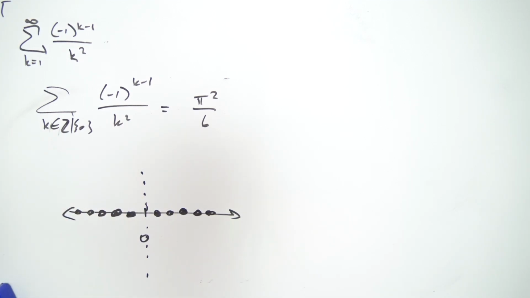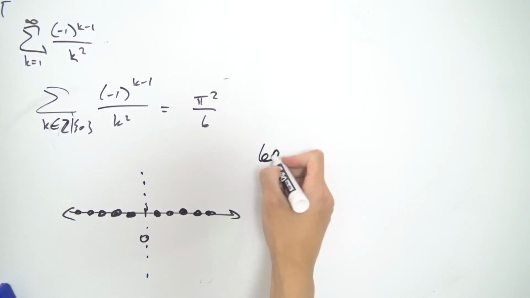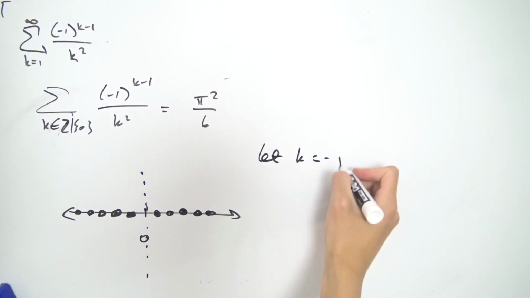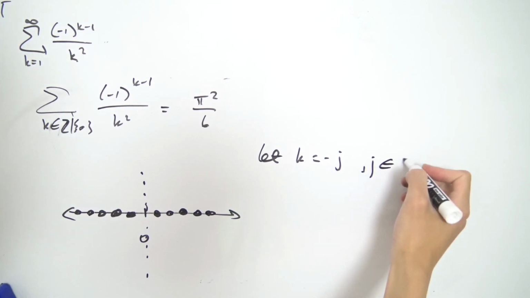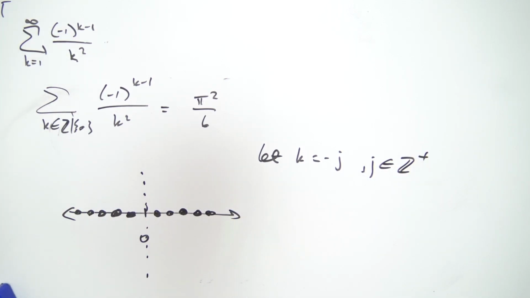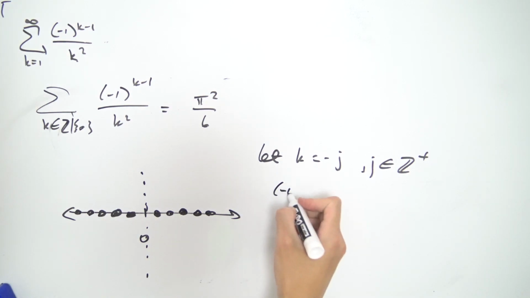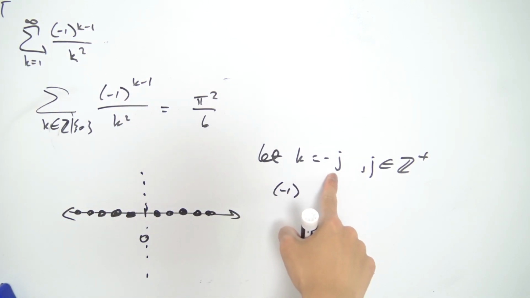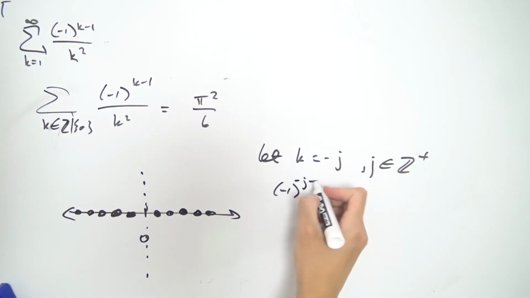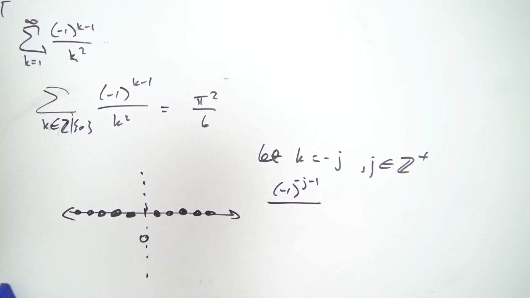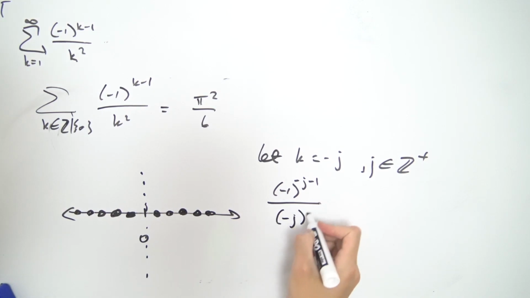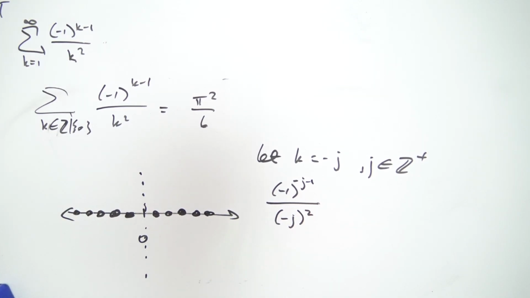And we can show that quite easily if we let k be equal to minus j, for example, where j is a positive integer. Then what we get is minus 1 to the minus j minus 1, and then we divide that by minus j, but the whole thing squared. And notice one cool thing, the sign of this expression, either negative or positive, depends on if j is odd or even.